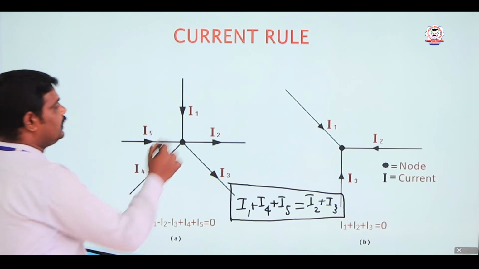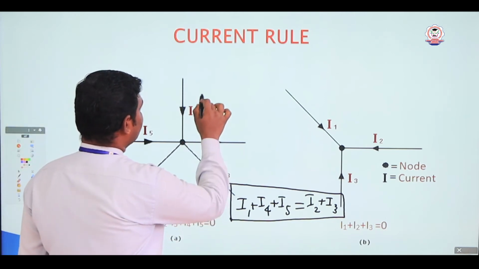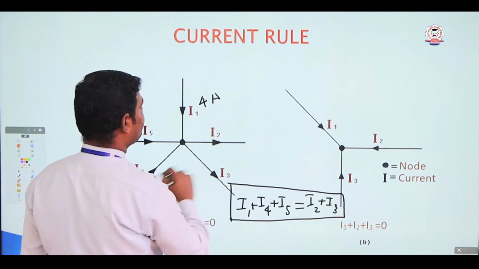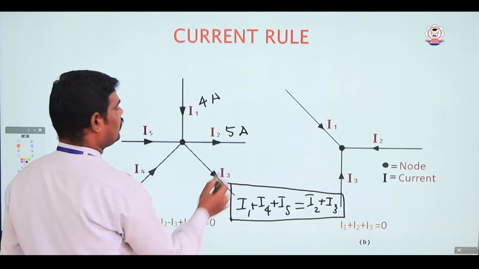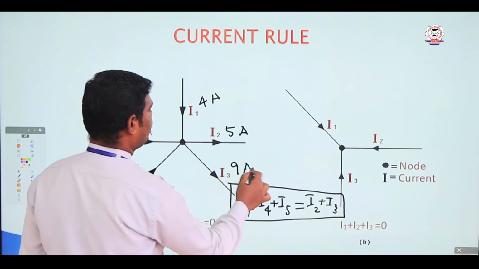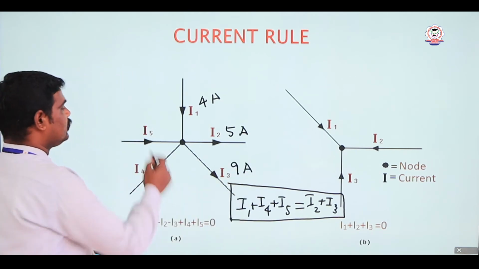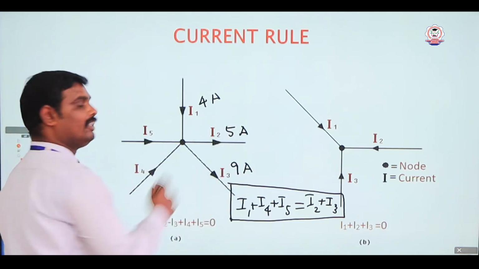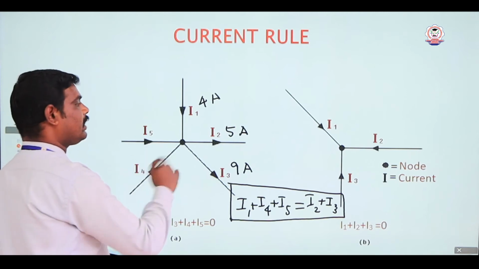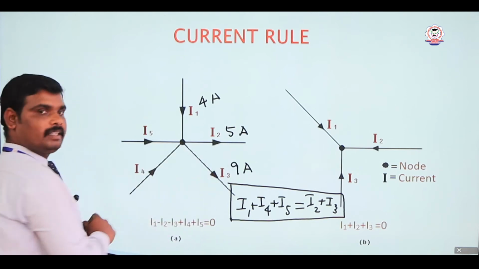So here we can take this as 4 ampere, this as 5 ampere, and here 9 ampere. If the sum of these two currents is equal to the leaving current, the incoming current is equal to that leaving the junction.